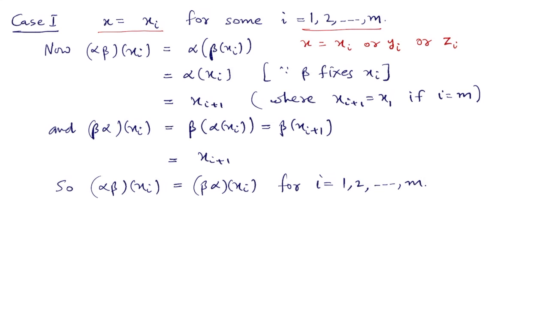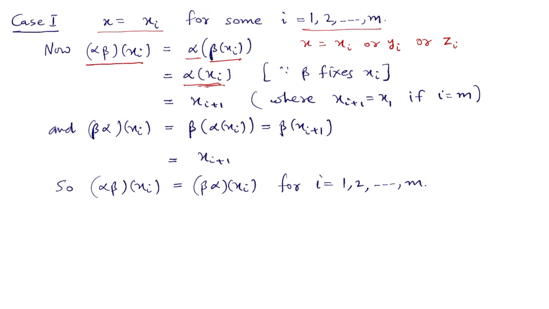So let us apply alpha beta on xi. First we will apply beta and then alpha. So beta of xi is simply xi, because beta is the cycle y1, y2, ..., yn, so no xi appears in beta, so beta will definitely fix the symbol xi. So we are left with alpha of xi. Now what does alpha do to xi?